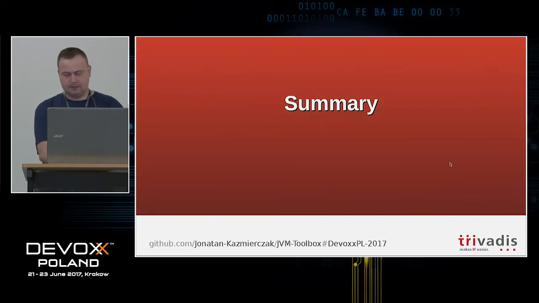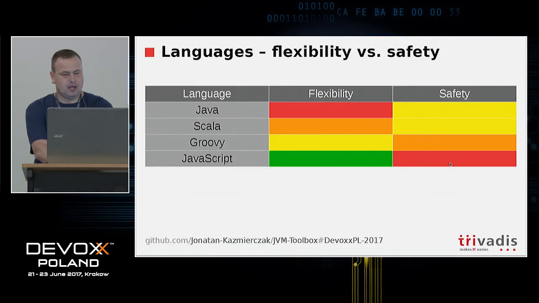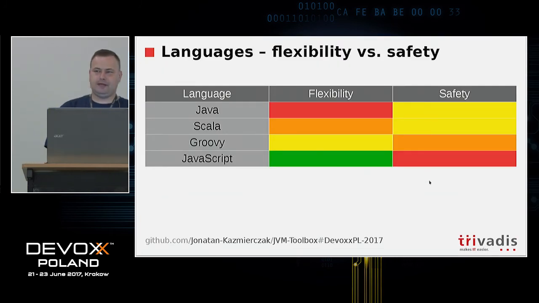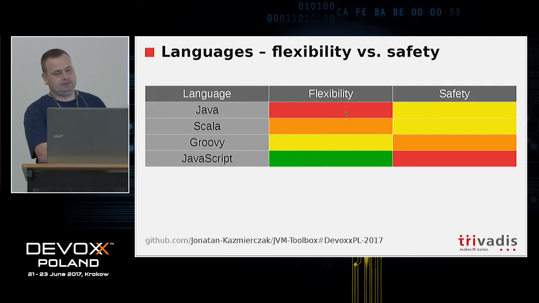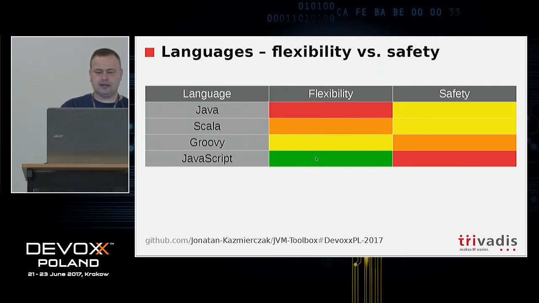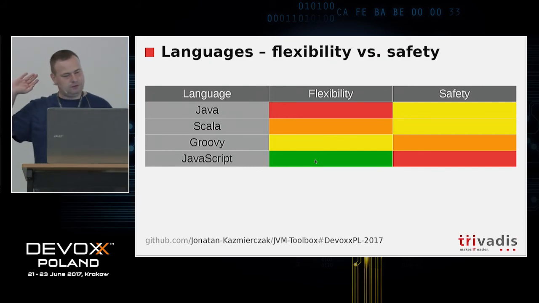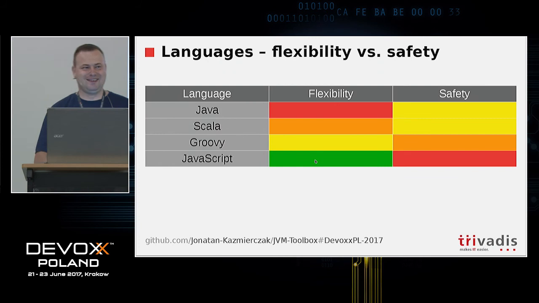Good. So let's summarize now. Languages, flexibility versus safety. How does it look? So here we see flexibility. Java, minimum flexibility. And on the other hand, JavaScript, you can do absolutely everything. It allows you to do even more than you want.